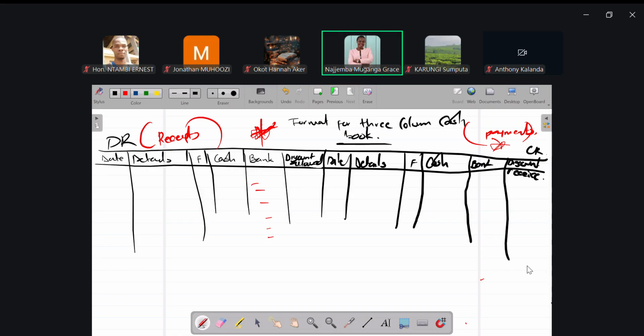If it's a payment through the bank, transactions are posted on the credit side. If the business receives hard cash, transactions are posted in the cash column. And in case it's a payment through cash, then that would be posted under the cash column. So this is what we would expect for a 3-column cash book.